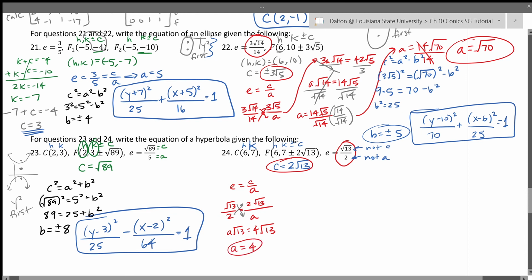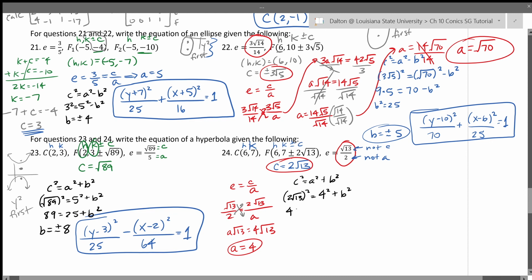So you've got a, you already have h and k. The next thing we need to find is c. I'm sorry, b. We already know c. So if c squared is equal to a squared plus b squared, 2 square roots of 13 squared is equal to 4 squared plus b squared. 2 squared is 4.